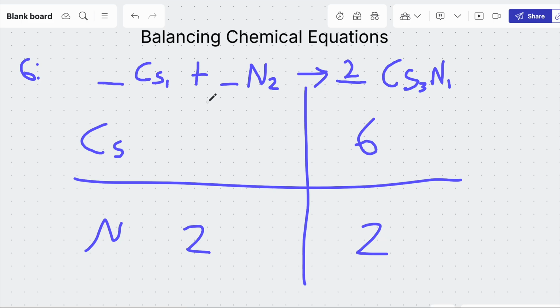So we just need to figure out what times 1 gets us to 6. In this case, it'll just be 6. And we can plug in a 1 for that blank. So this will be our final answer. 6 cesium plus 1 nitrogen gas gets us 2 cesium nitride.